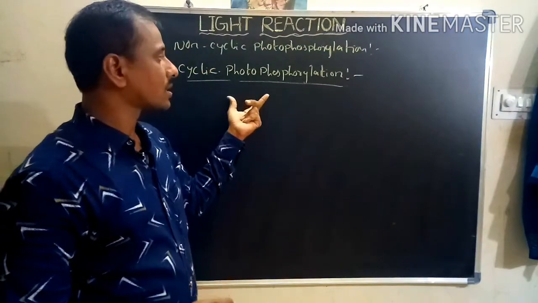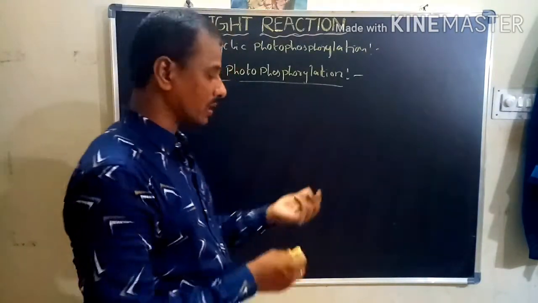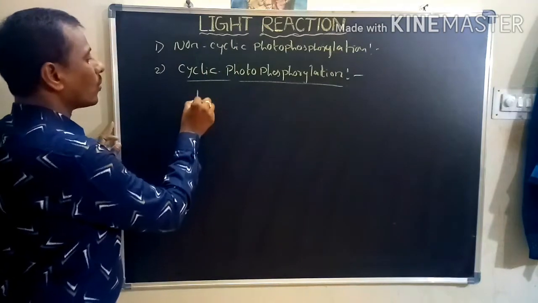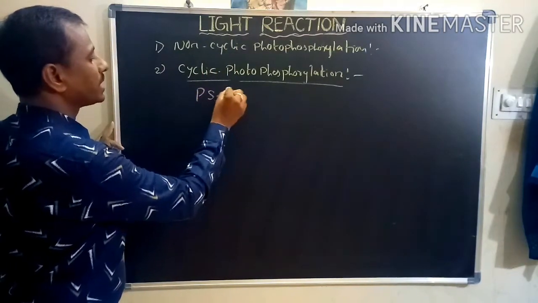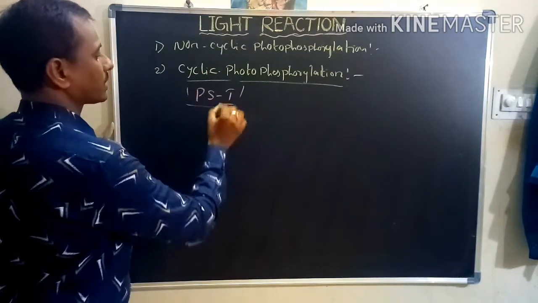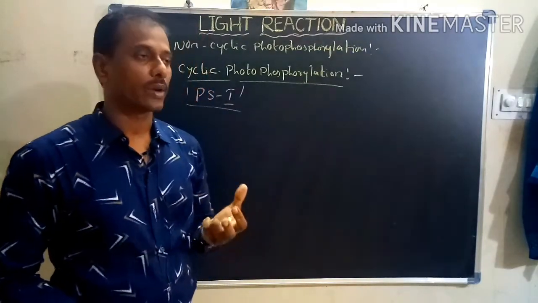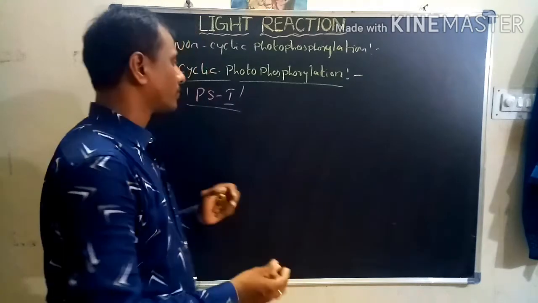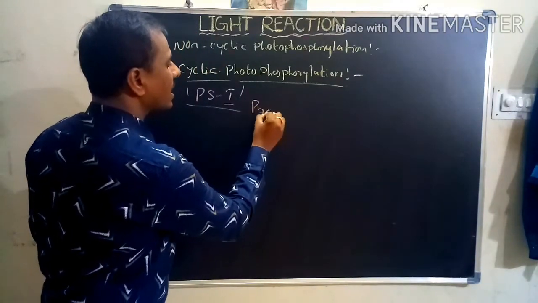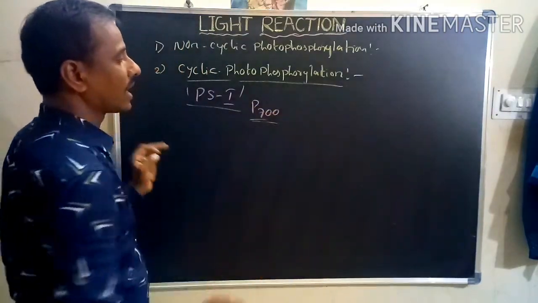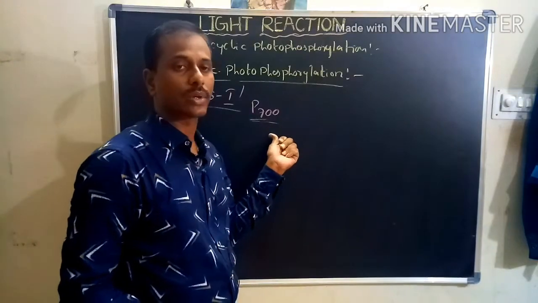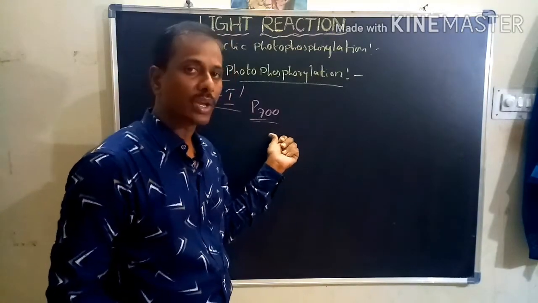In this photophosphorylation, only one pigment system, that is PS1, participates, which receives light of red and far red, that is 700 nanometer wavelength, so it is called P700.